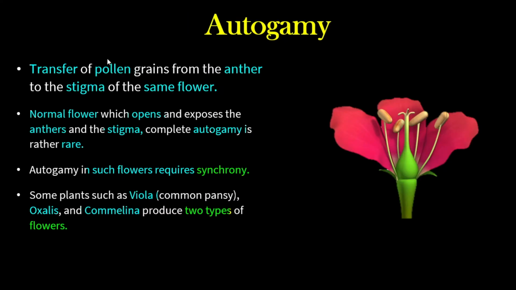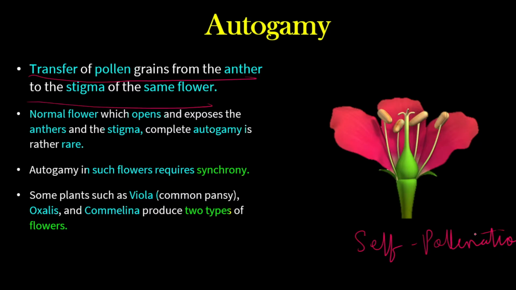So what is autogamy? Autogamy is the transfer of pollen grains from the anther to the stigma of the same flower. We can also say autogamy is self-pollination.